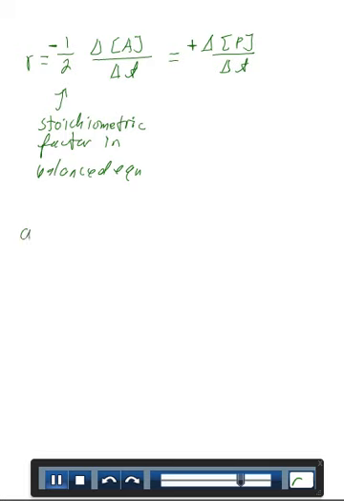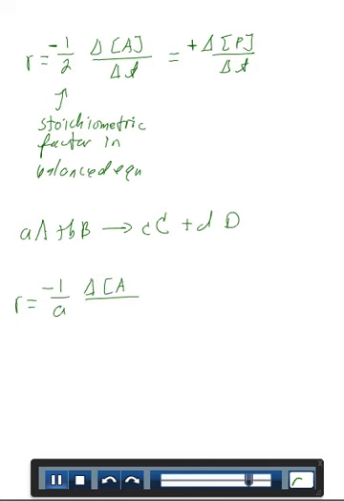Therefore, if we have a general reaction where little a, b, c, and d are the stoichiometric coefficients for the balanced equation, and the capital A, B, C, and D are reactants and products, the rate will be equal to -1 over little a times the change in concentration of reactant A divided by a time interval.